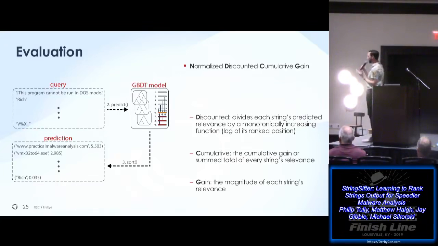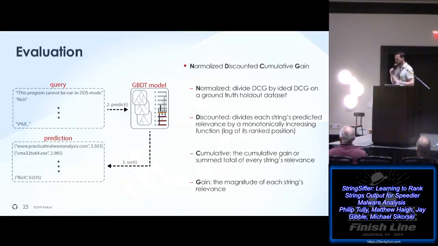This discounted gain enables you to care more about the strings that are ranked towards the top of that list, because those are what you end up caring about a lot more. So when you convolve this with some monotonically increasing function, like a logarithm, that does the job of overemphasizing the ones that are ranked higher than the rest.